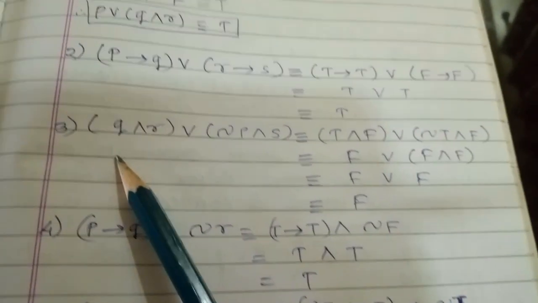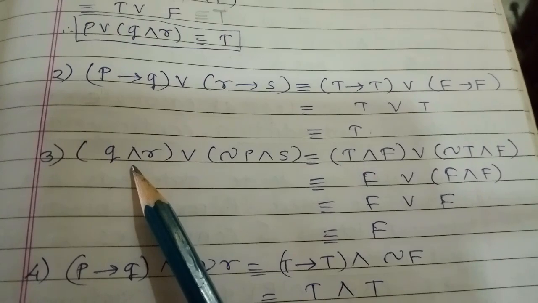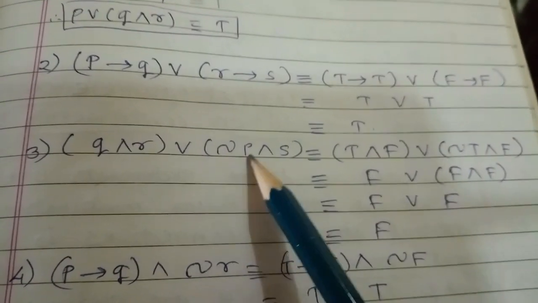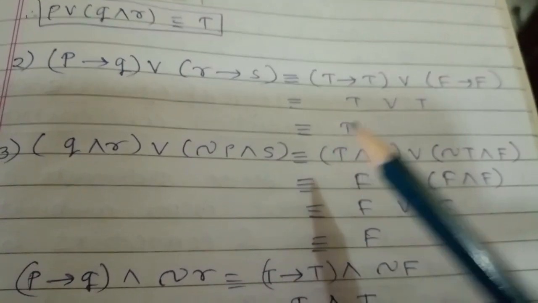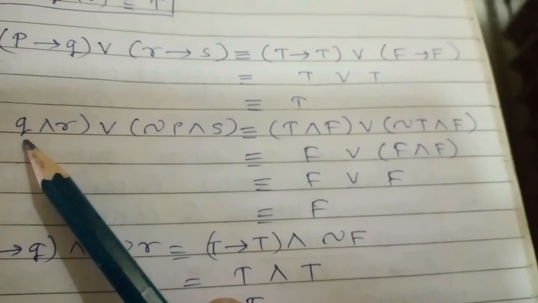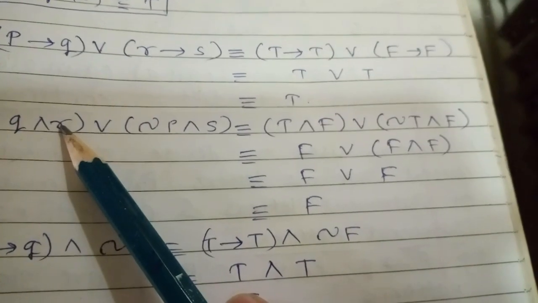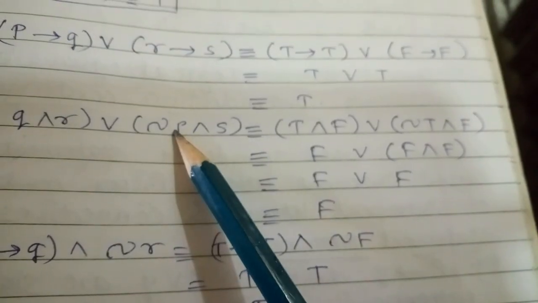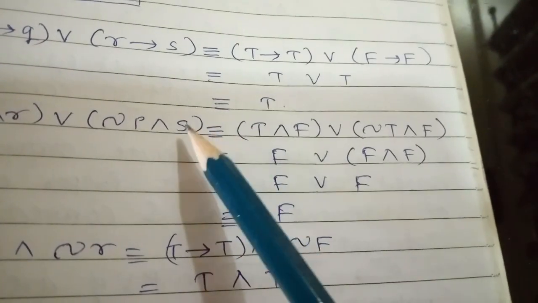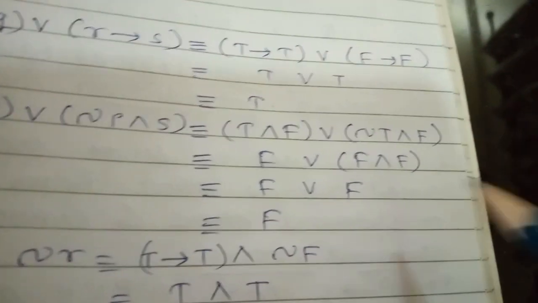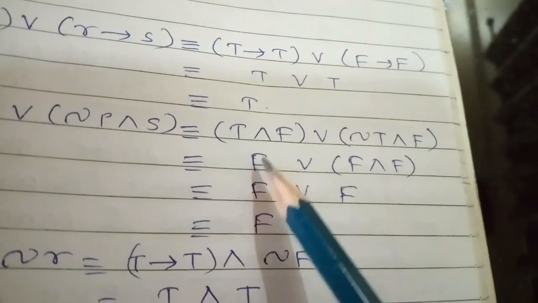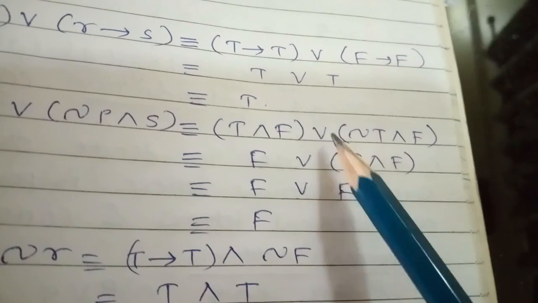Next, Q conjunction R disjunction negation of P conjunction S. Now again we have to put down the values. For Q we put down T, R, F, negation of P, that is T, and again S for F. So T conjunction F is F, disjunction is as it is.